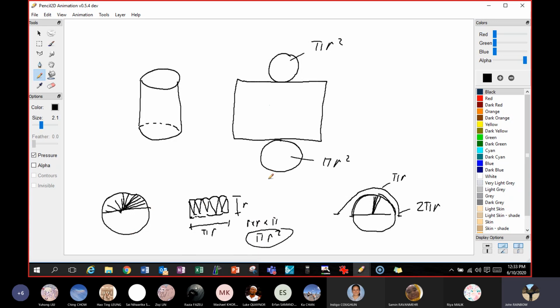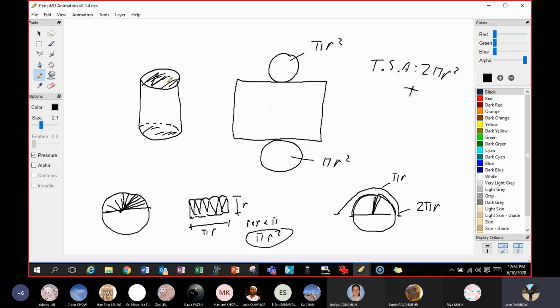Every shape goes back into a rectangle. So that's why the area of a circle is pi r squared. Going back to the cylinder, the surface area of the top is pi r squared, and the bottom is pi r squared. So the total surface area equals 2 circles, plus this area.